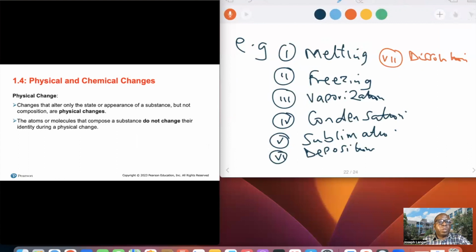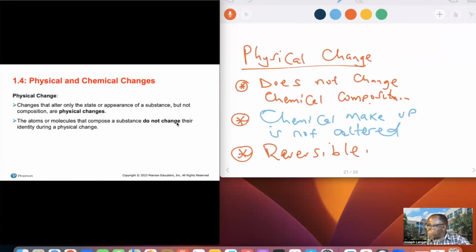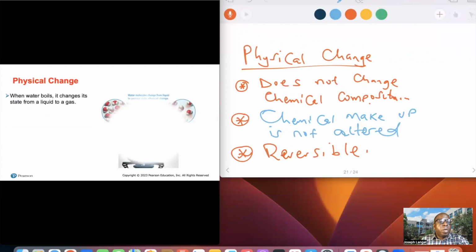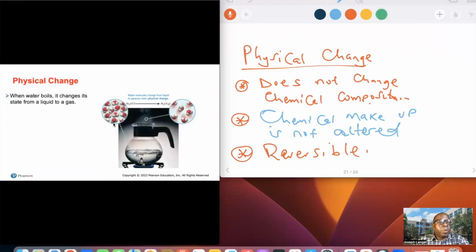Atoms and molecules that compose a substance do not change their identity, so it does not change the chemical makeup. If it does, then chances are that is a chemical change. Here is a few, or you have just been given an illustration. When water boils, it changes its state from liquid to gas.